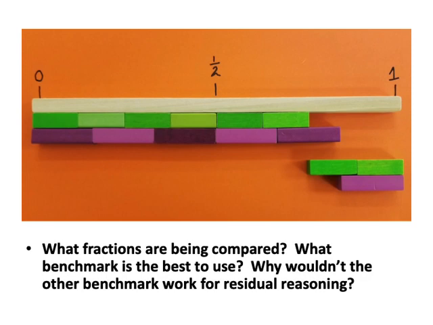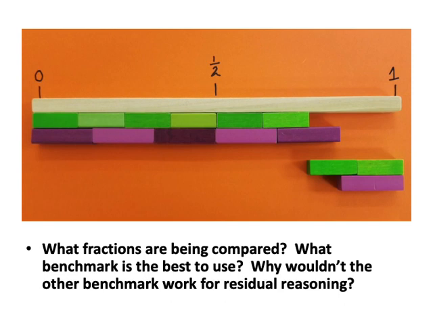So here's another problem. What fractions are being compared here? What benchmark is the best to use? And why wouldn't the other benchmark work for residual reasoning? So here we're comparing 6/8 and 5/6. Notice that both are less than 1, and if you ask the question of by how much, 6/8 is 2 pieces, 2 unit fractions less than 1, whereas 5/6 is 1 unit fraction less than 1. So 1 is not going to be our best benchmark because we'd be comparing 2 unit fractions to 1 unit fraction.